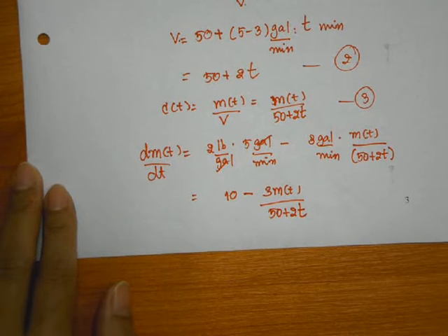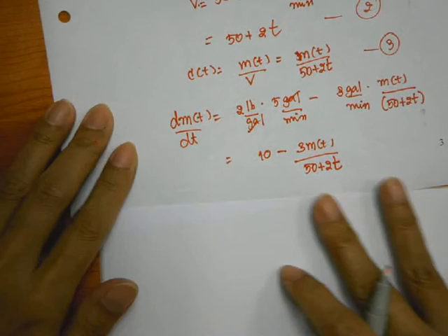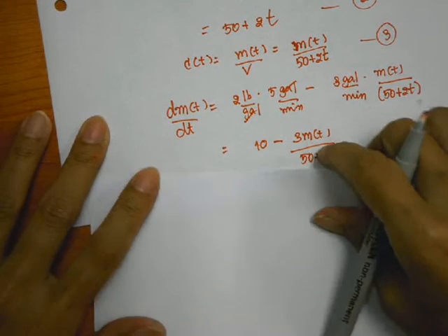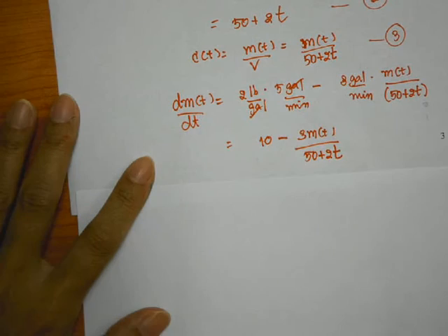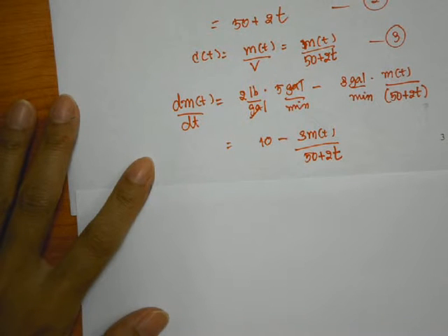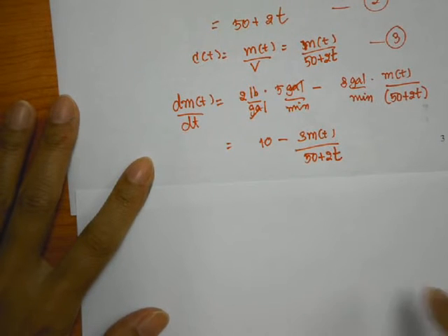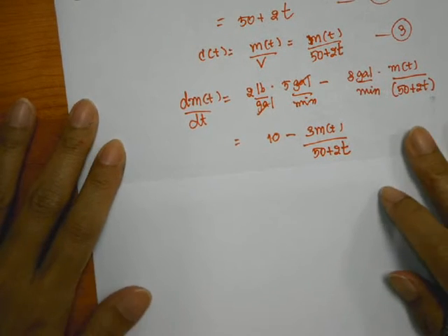If we solve for M as a function of t, then we will know M is just the amount of salt inside the tank, right? So we will know the mass of salt inside the tank with time, if we can solve this differential equation.